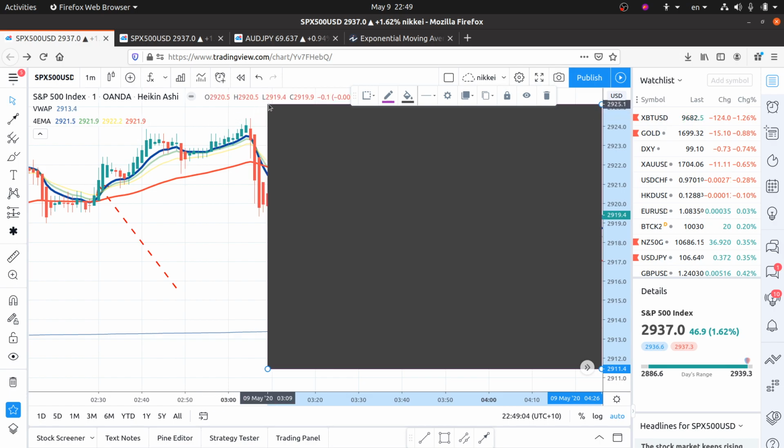Say you wanted to confirm the direction: you can see here the red crossed over, the blue is still dramatically going down, and the red is also going down. So you pull out your trade right about here. You take a loss, but at least you don't take a massive loss.